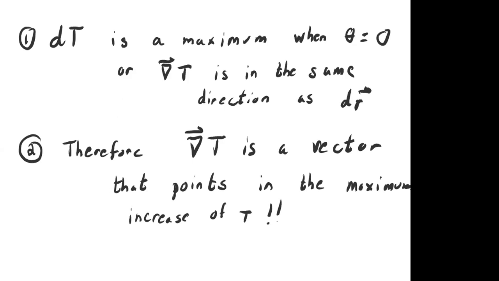So let's look at a physical example to see how this works. So I have my room, and I have a temperature at every point in the room given by this scalar function.